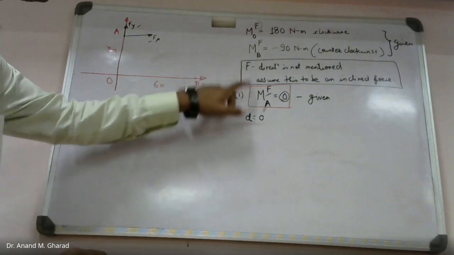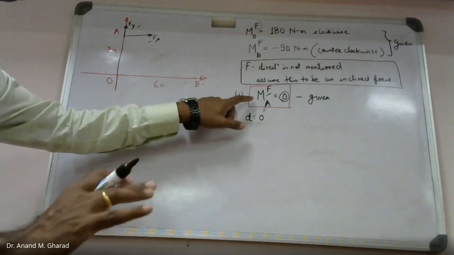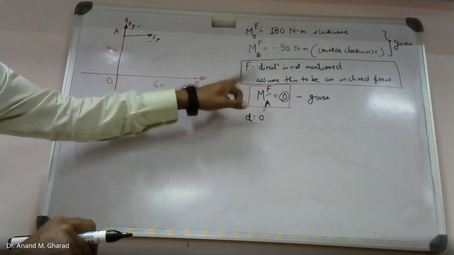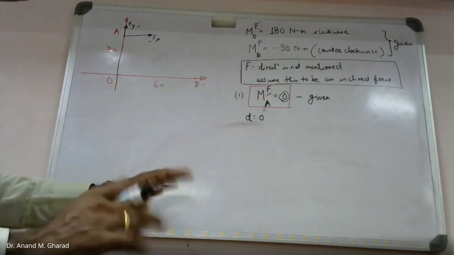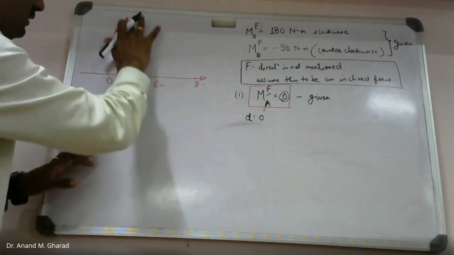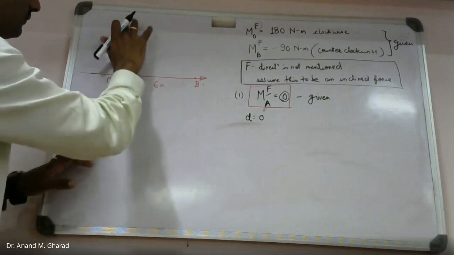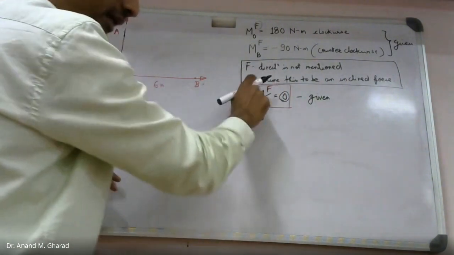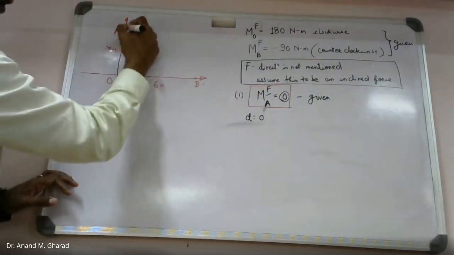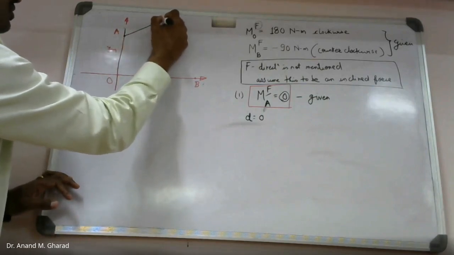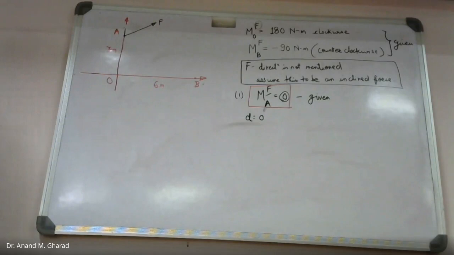Now next, I don't know exactly what the nature of this force F is, whether it is vertical or horizontal. So it is very much desirable to consider the force to be inclined. So I will assume the force to be acting like this.